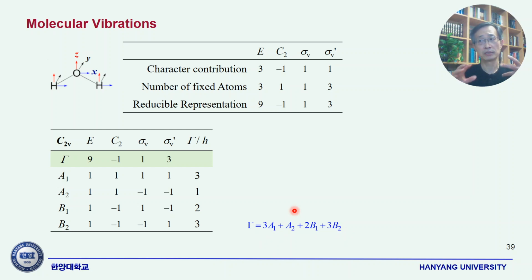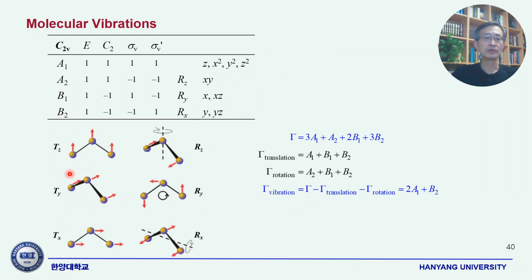Now you can decompose this into molecular translation, rotation, and vibration. How do we do that? From the character table.